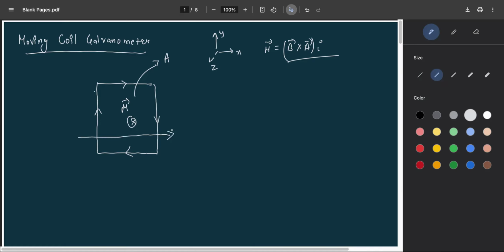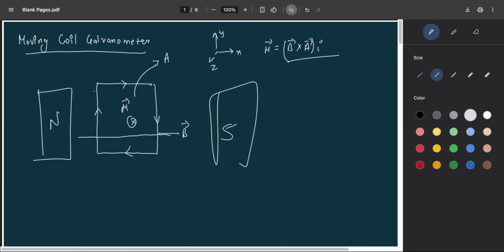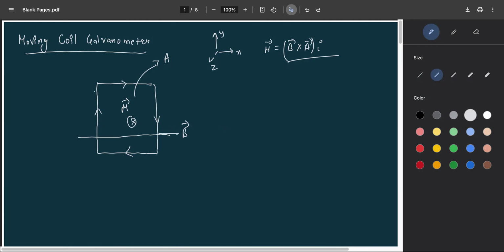This might be kept due to some bar magnets you place, this is the north side and this is the south side. So how is the moving coil galvanometer going to work? Let's see.